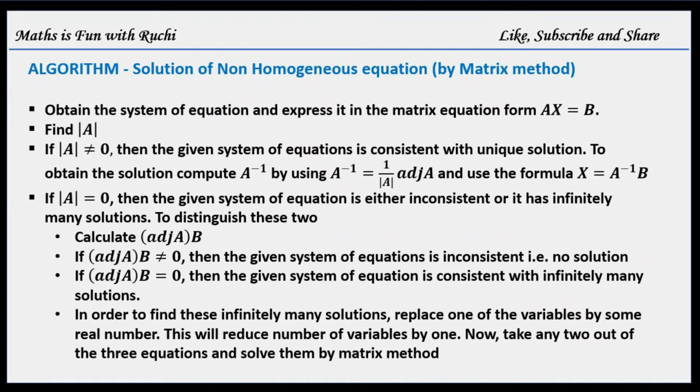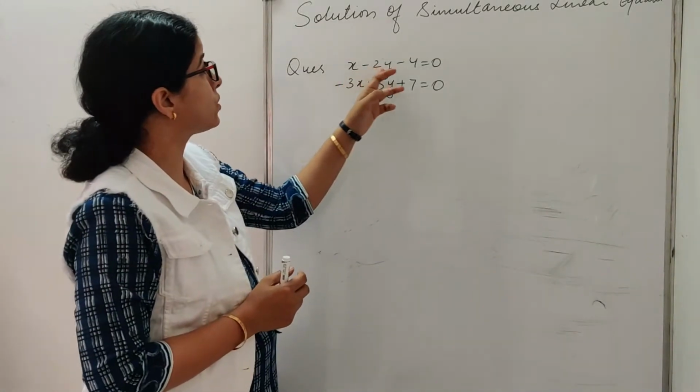If adjoint A into B equals 0, then the given system is consistent with infinitely many solutions. In order to find these infinitely many solutions, replace one of the variables by some real number, say k. This will reduce the number of variables by 1. Now take any two of the three equations and solve them by matrix method. So now these are two equations and two variables.